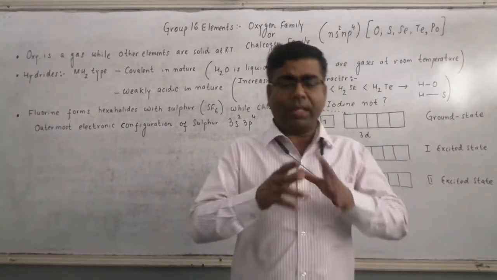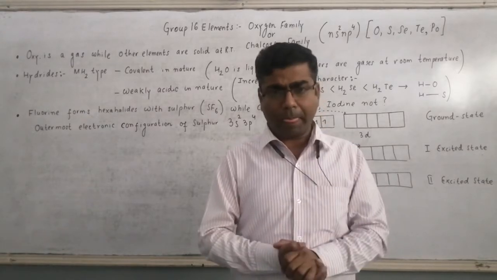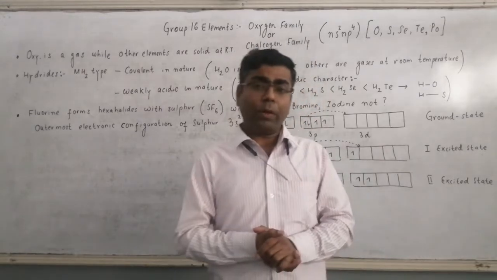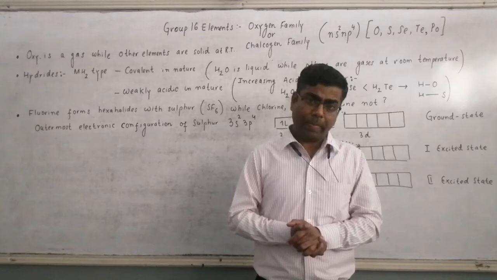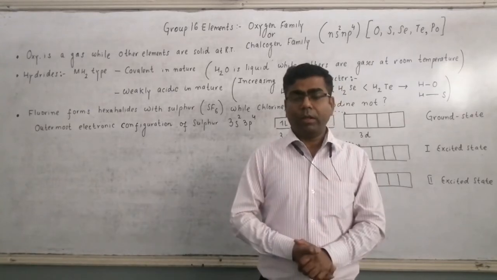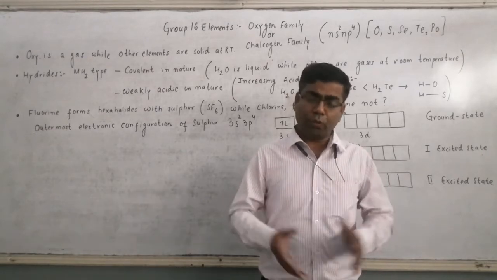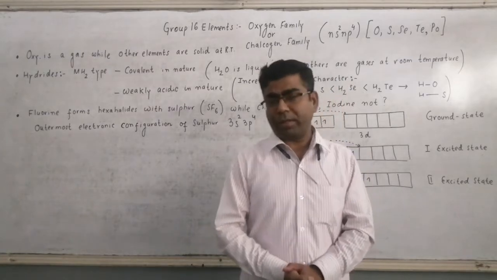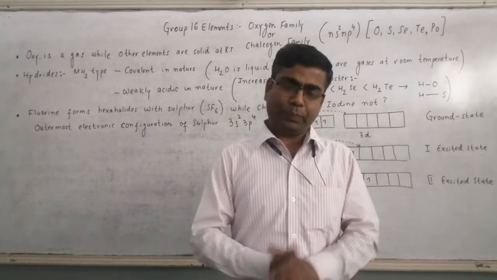The physical state depends on two things. First, the atomicity of the molecule: how many atoms are there in a molecule? And second, the force of attraction present between the different molecules. If we talk about oxygen, oxygen is diatomic in nature, O2.